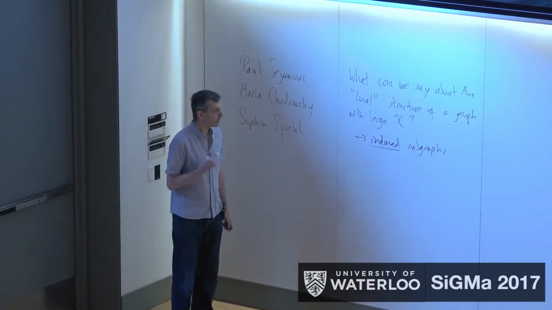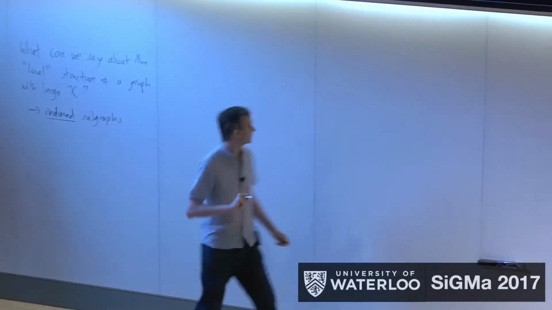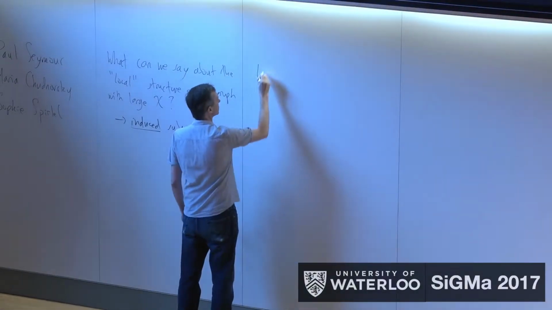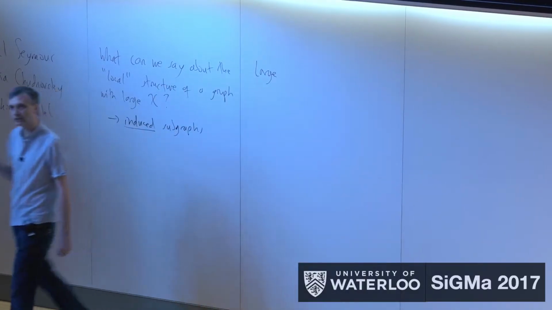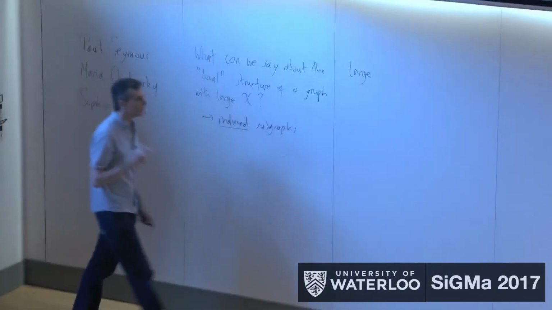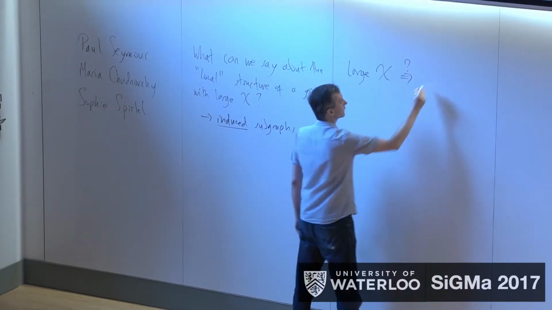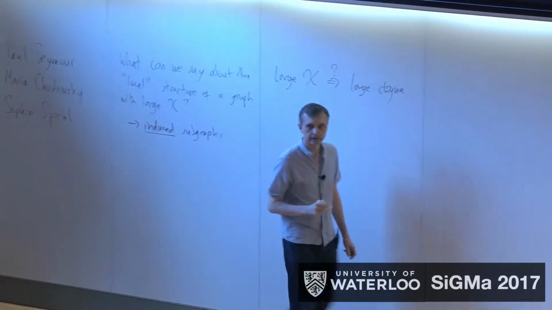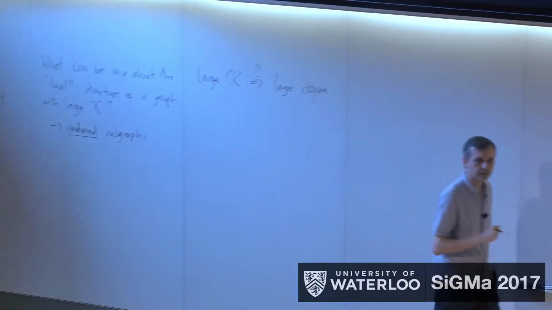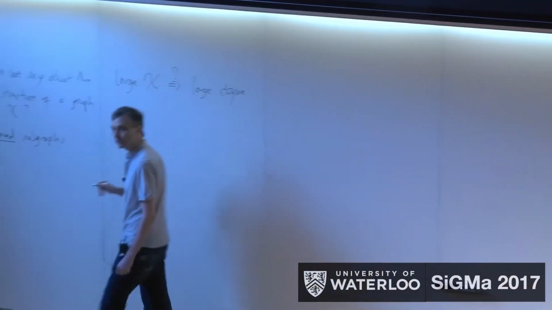Now, the first thing you might guess, naively, and this is a standard question to throw at undergraduates, is that if you have large chromatic number, maybe that means that you have a large clique. And of course, that's long known not to be true.